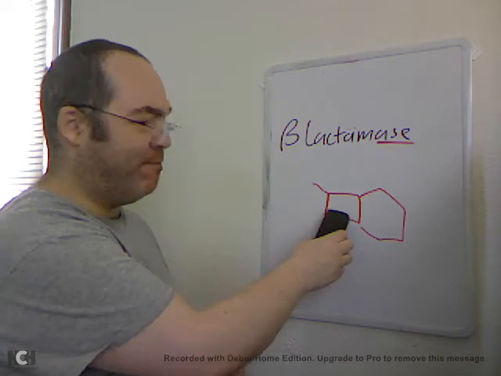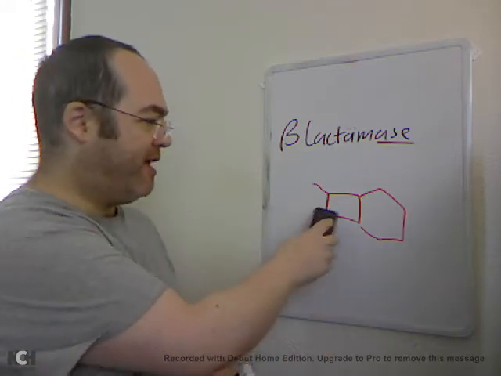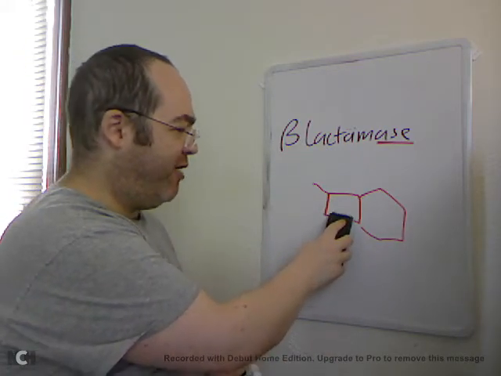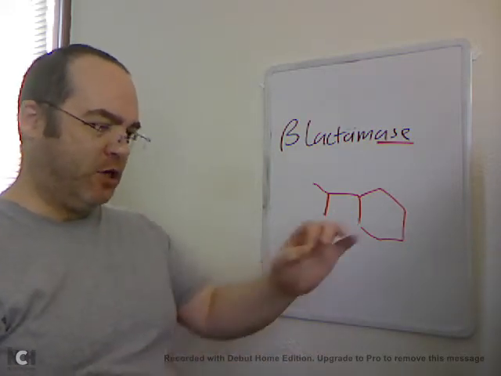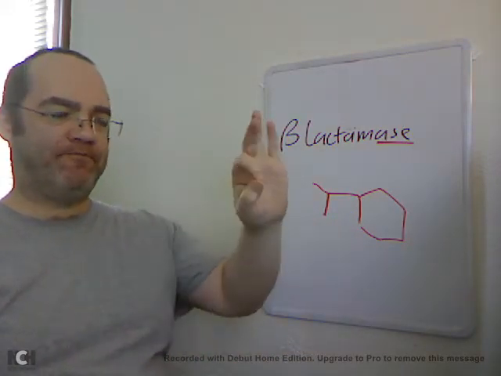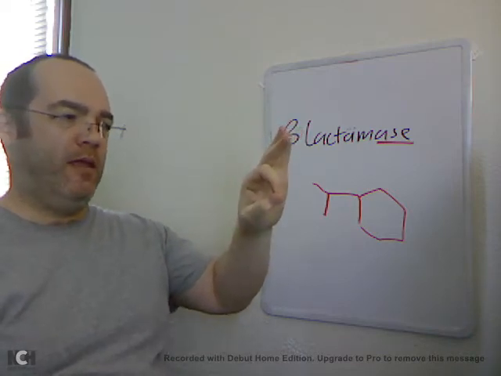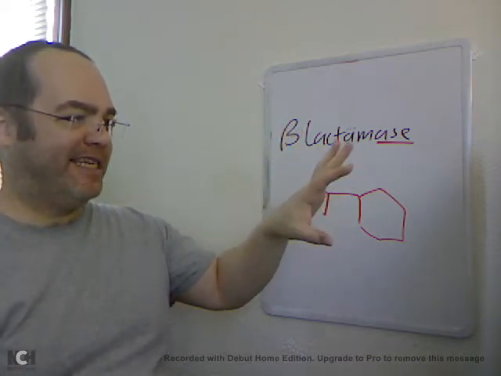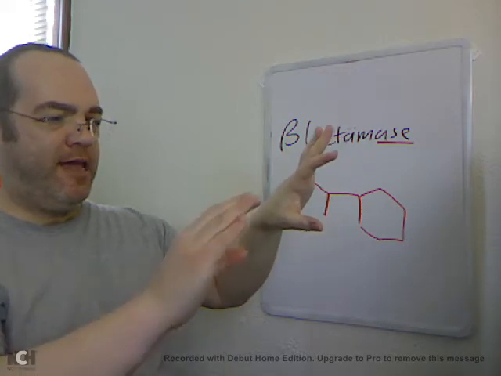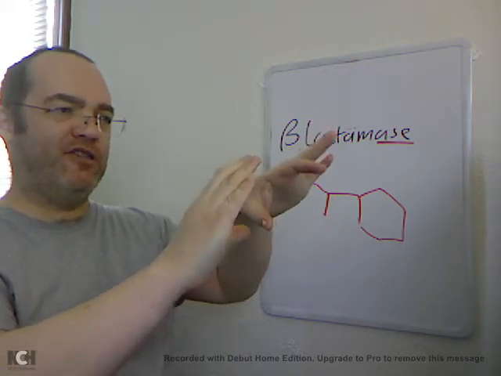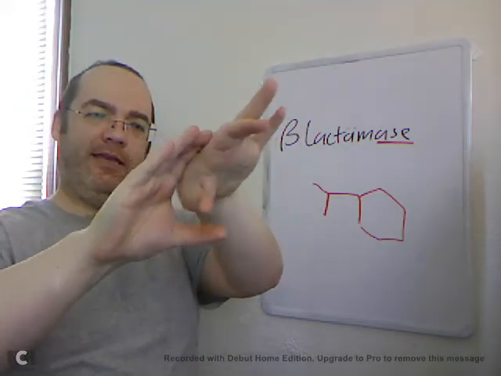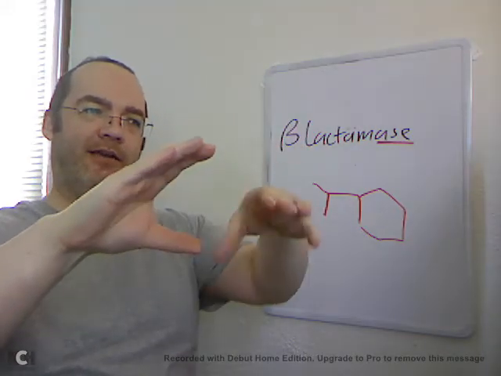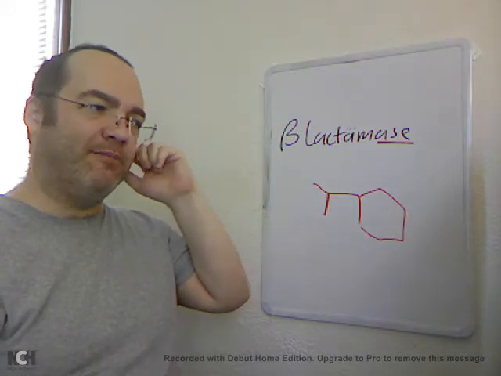The beta-lactamase recognizes the beta-lactam ring and it cuts it. So our beta-lactam drug is snipped, and that snipped version of the drug can no longer stick into the active site of our penicillin binding protein.